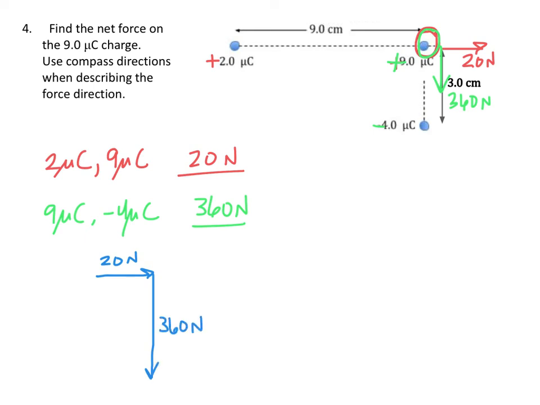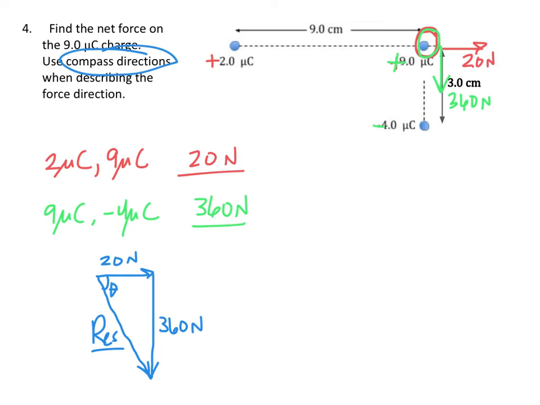And so what we're trying to find here is the resultant force, is what we called it before. We're going to have to find the value, and we're going to find an angle to describe which direction. It's not as simple as just saying left, right, up, or down. And in fact, the problem encouraged us to use compass directions.